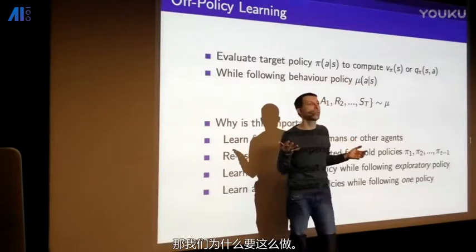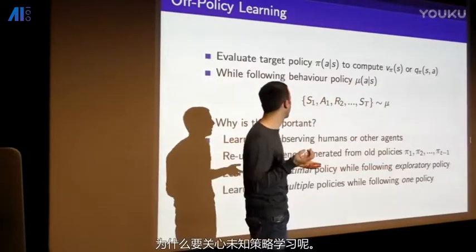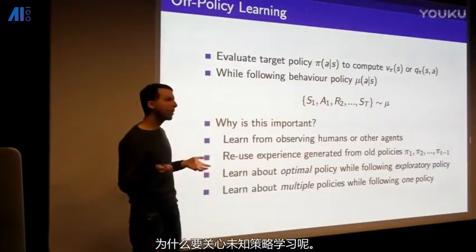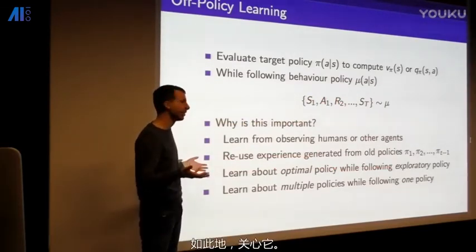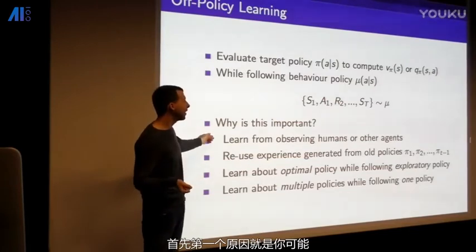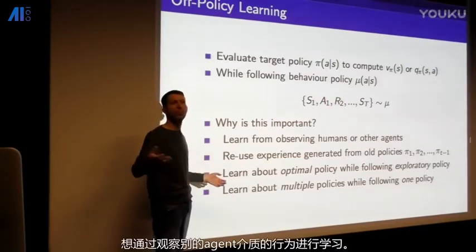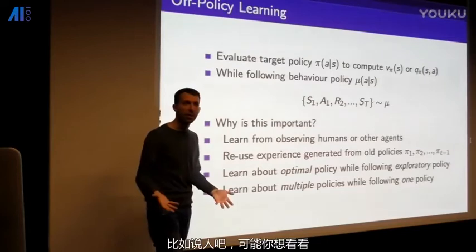So why would we want to do that? Why do we care about off-policy learning? Here are four possible reasons that you might care about this a lot. The first reason is that you might want to learn from observation of other agents, like humans.